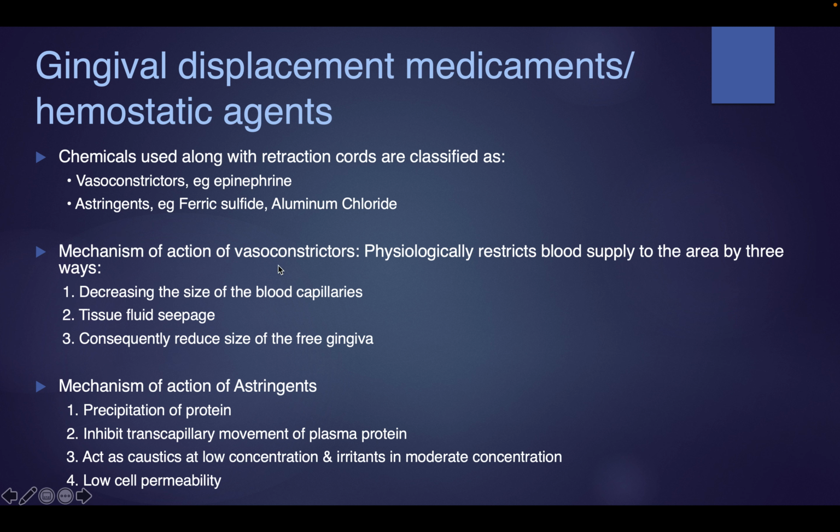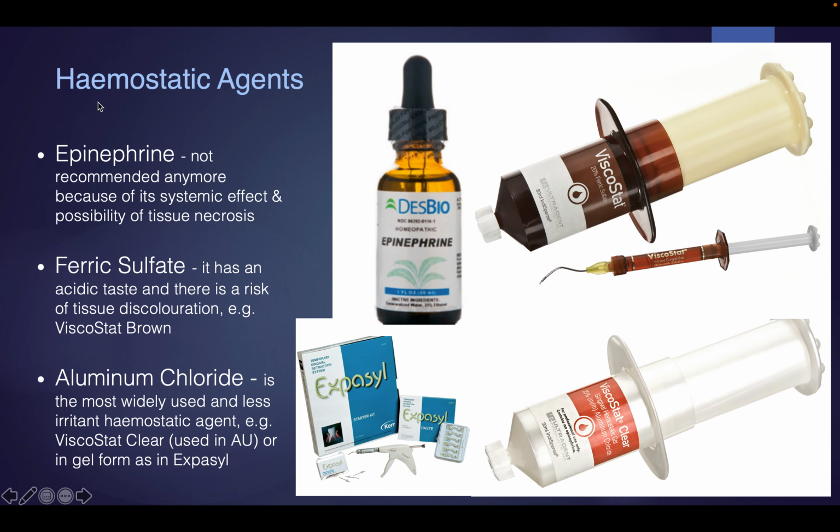Now, the mechanism of vasoconstrictor and mechanism of astringents are different, but basically they both will shrink the size of the gingiva and make them smaller. When you have that, you will have a gingiva that goes far away from the tooth, because it becomes smaller in size.